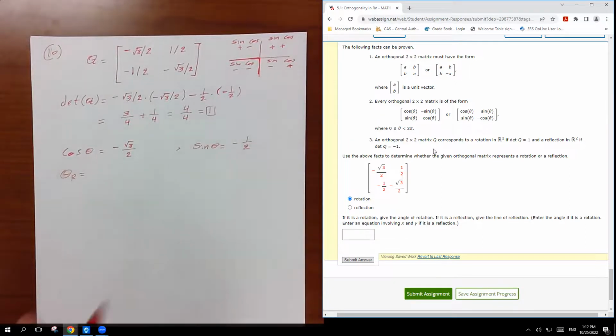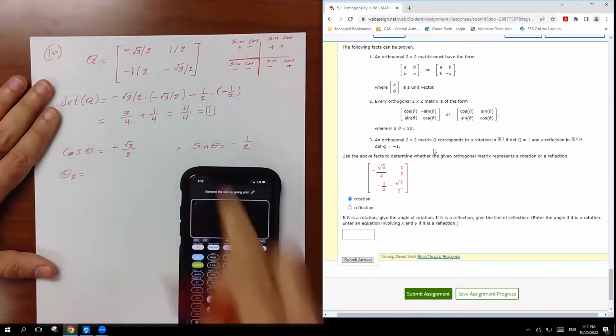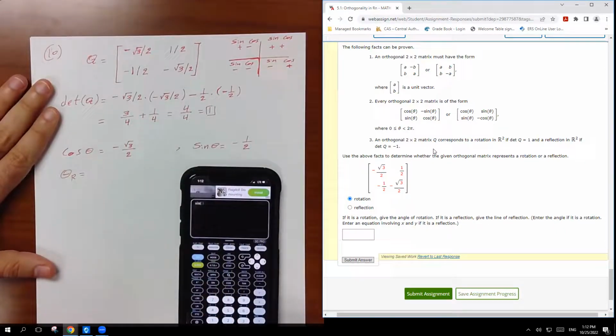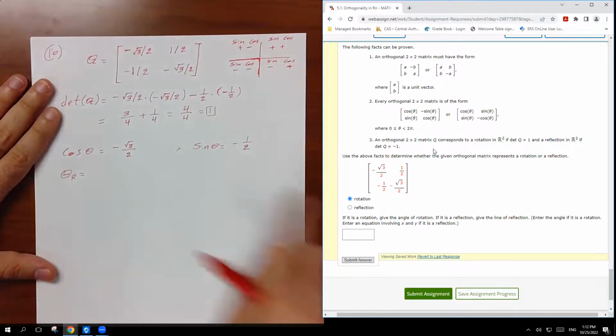The theta is 30, because sine of 30 is going to be half, which is equal to this.